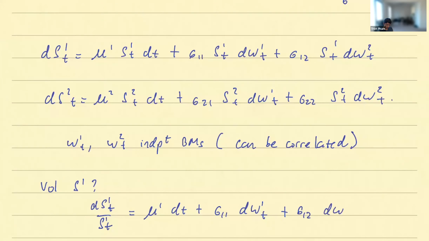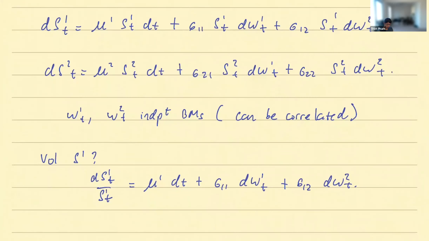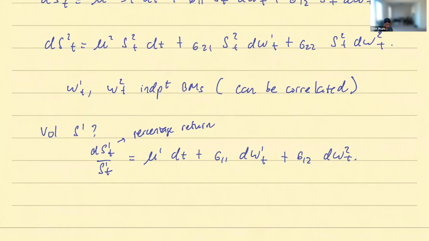Similar to the other one, what do we call this? What is this? The percentage return. Yes. And so volatility is what? Volatility is the variance of the return divided by the unit time.